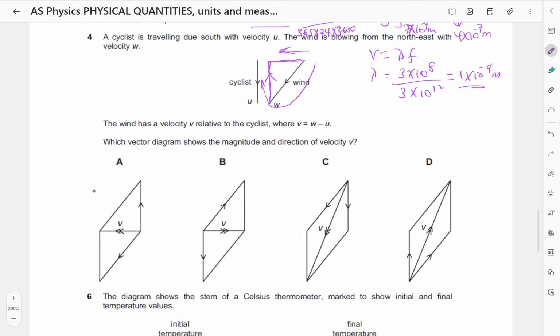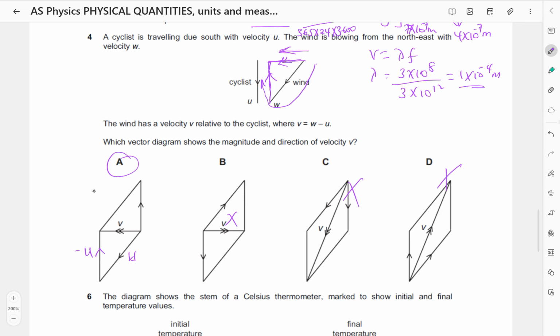So this one is out. We are seeing the resultant is in the horizontal. V is in the horizontal, so this is also out. This is also out. So our answer is automatically A. So this is w, this is the wind. Then this is going to be u, which is reversed, so that is v.